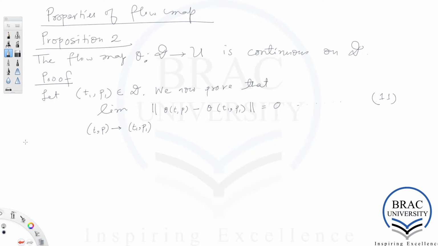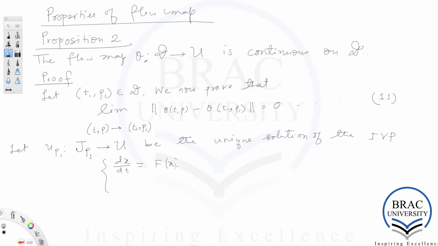Okay, now let u sub p1 from the maximal interval of existence J sub p1 to big U be the unique solution of the IVP dx over dt equals f of x, and x at 0 equals p1.